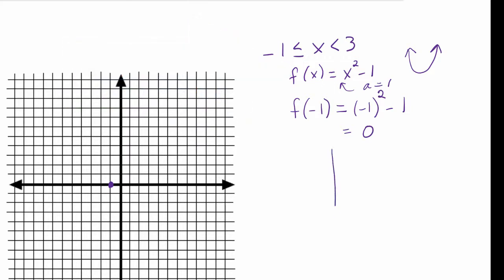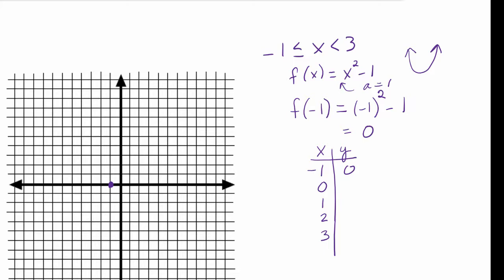So when I take a look at some ordered pairs that are on this parabola, of course we have the negative 1, 0 that we just found there. And I'm just going to put in a few values of x so you can kind of get the feel for this shape. Again, if you have access to your graphing calculator, you could go to your graphing calculator and do that there as well, right?